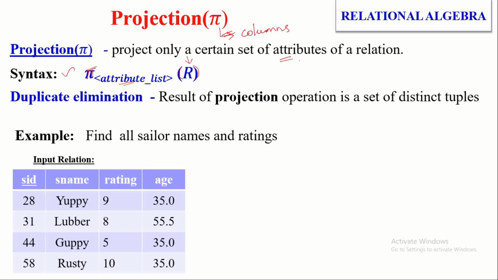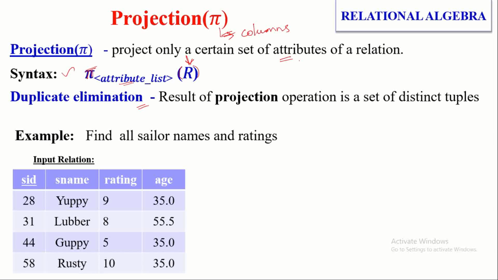The projection operator is a unary operator, so it takes only one input table. Whenever the projection operator is applied, the resultant table always contains distinct tuples and will not contain any duplicate tuples. It eliminates duplication in the output table.